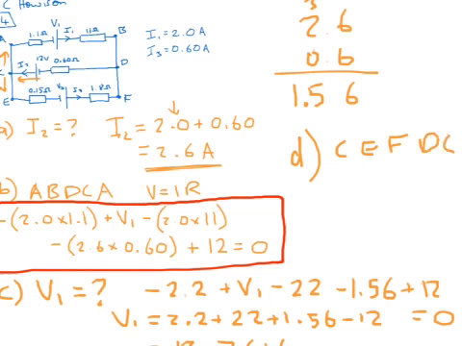That's going to give us nothing from C to E. E to F, we've got 0. We're losing across the 0.15 ohm resistance, so it's minus 0.60 times by 0.15.